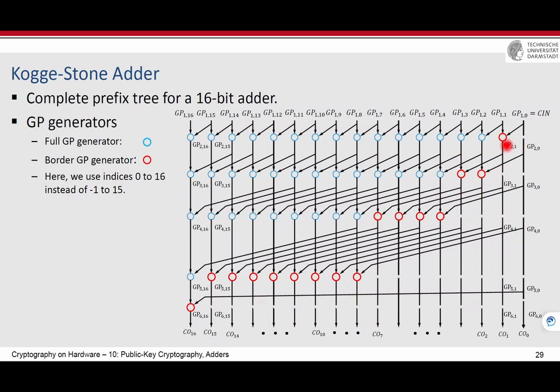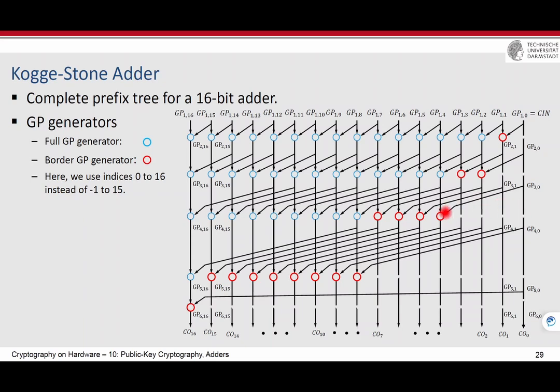But what is important here is that at every step, you need to shift. Now you can say that at step or layer 1, we receive the GP of this column and the one column before, for all of them. And in the next layer, the distance between the GPs that every GP generator receives is 2 columns.